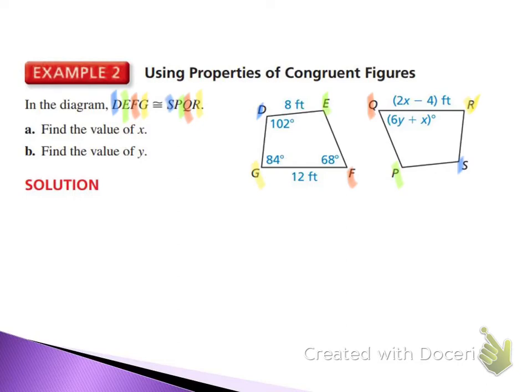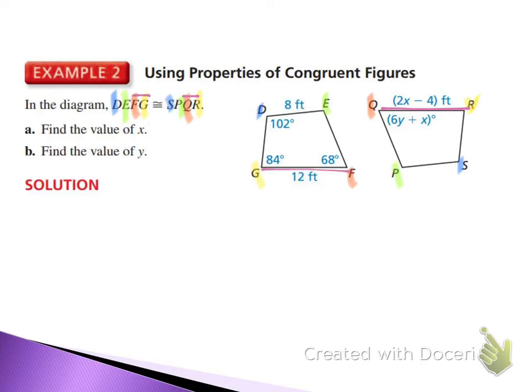This is the last bit of highlighting. We're going to find the value of x and then find the value of y. So there's an x in two places. Which of these is easier to work with right now? The top one, right? The 2x minus 4. Is that an angle or a side? It's a side. It's QR. What does QR correspond with on the other quadrilateral? FG.